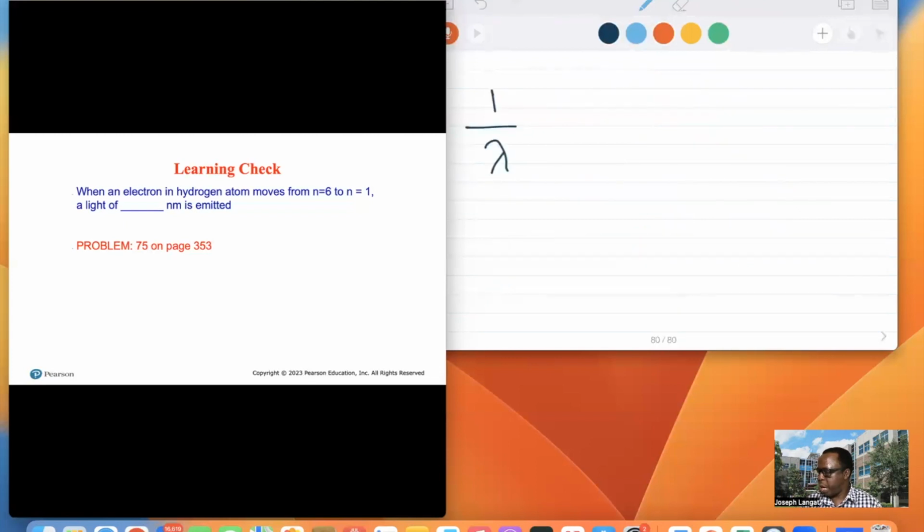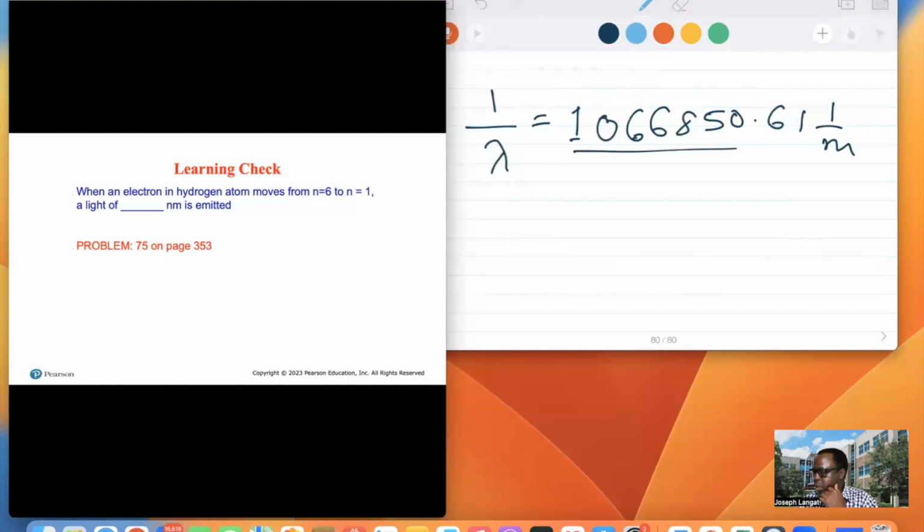Remember the left side of the equal sign is 1 over the wavelength. This gives 1,066,850.61 per meter, still per meter.